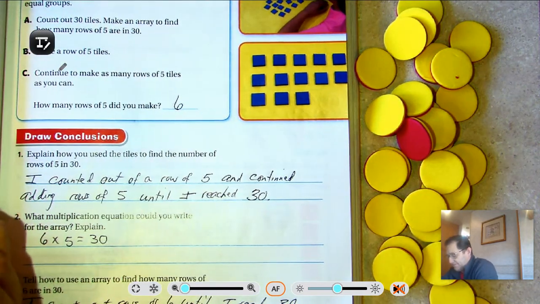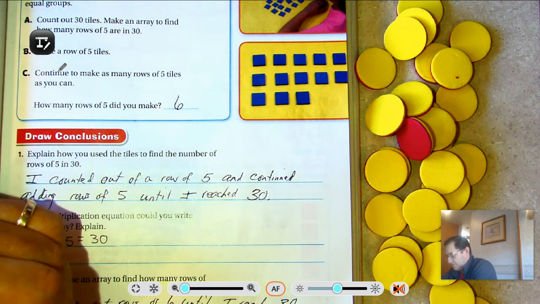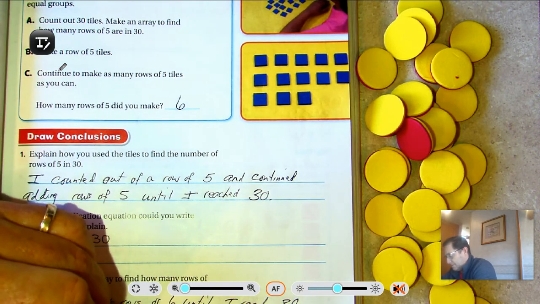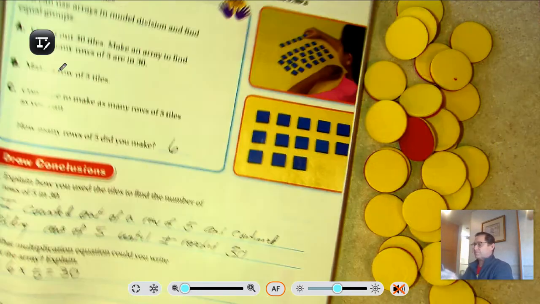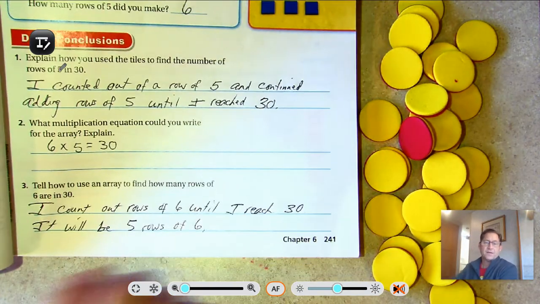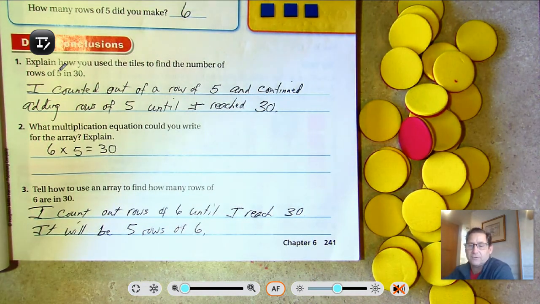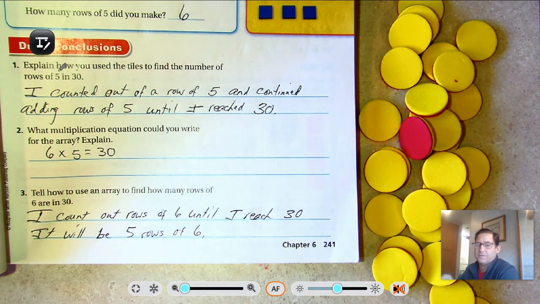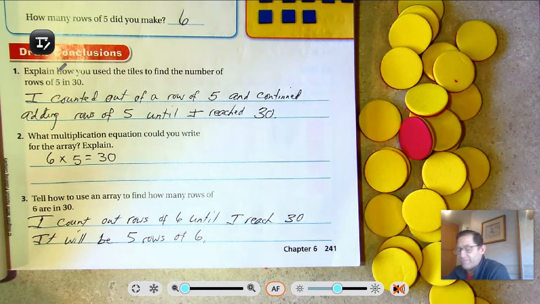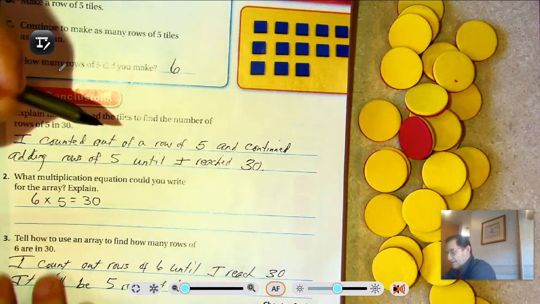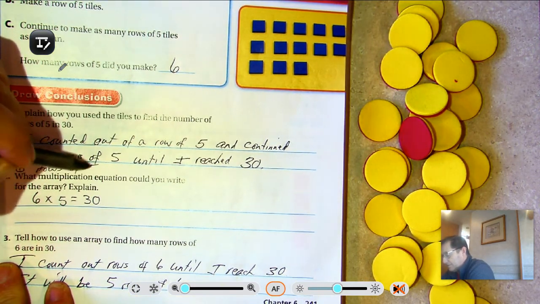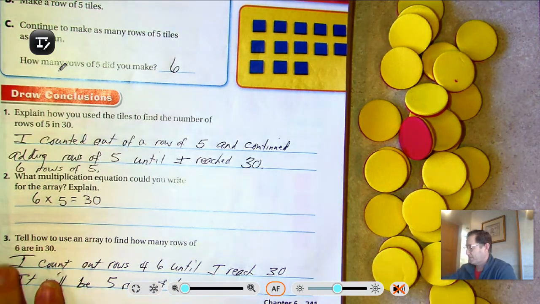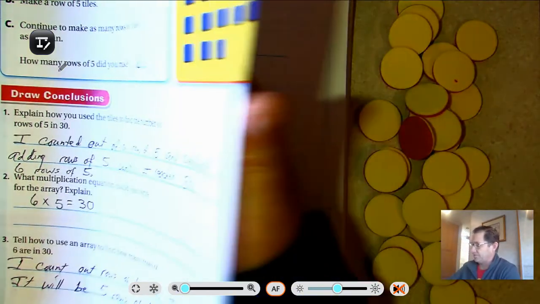It will be 5 rows of 6. Okay. So if I count out rows of 6, it would be 6, 12, 18, 24, 30. So 5 rows of 6. And up here it would have been 6 rows of 5 for the 30. All right, so let's continue on to page 242.